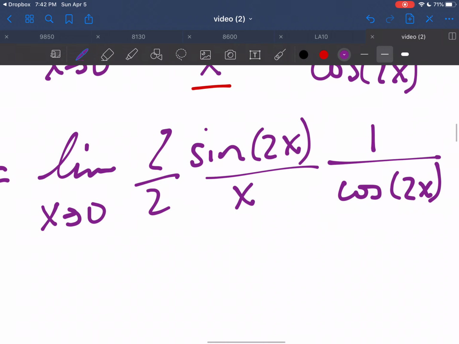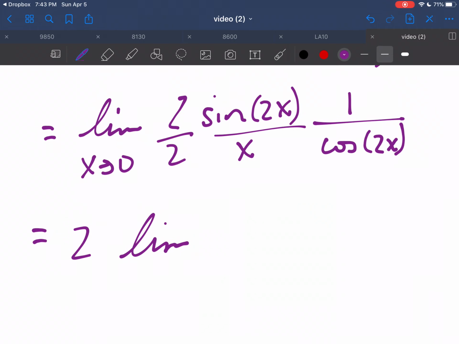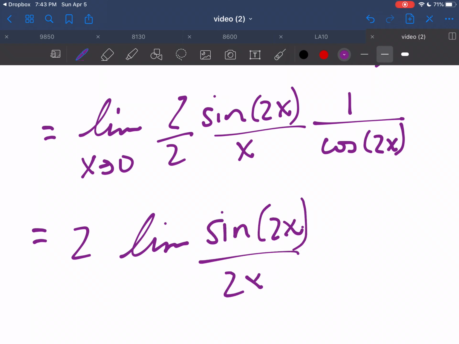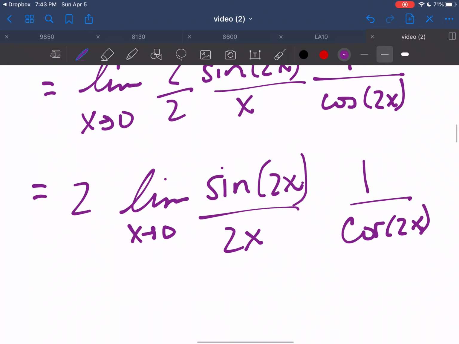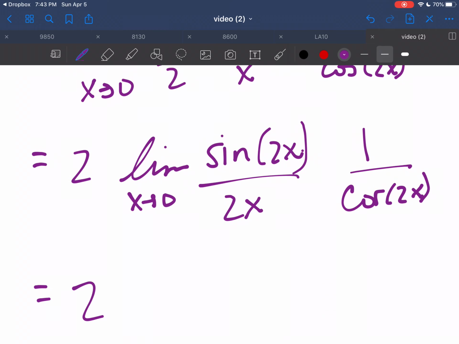Now I get 2 times the limit of sine of 2x over 2x times 1 over cosine 2x. So we get just 2 times this limit, which is equal to 1.